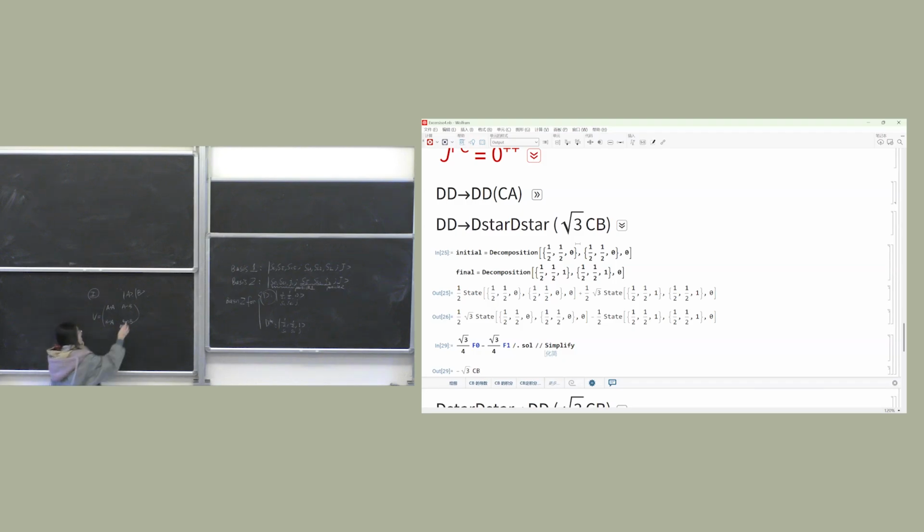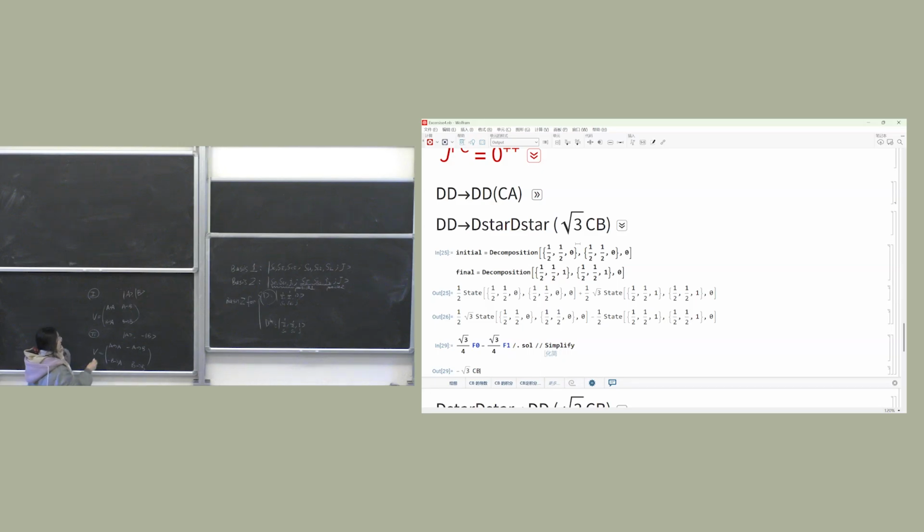If we redefine the second state as minus B, just adding an opposite sign to the state, it doesn't matter. Then this corresponds to A to A, minus A to B, minus B to A, and B to B.